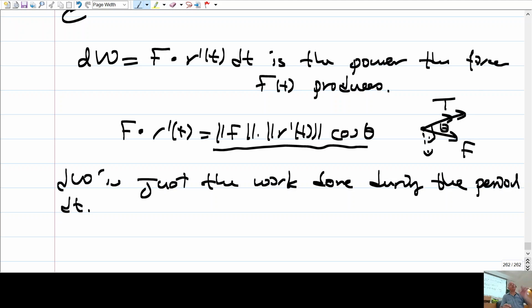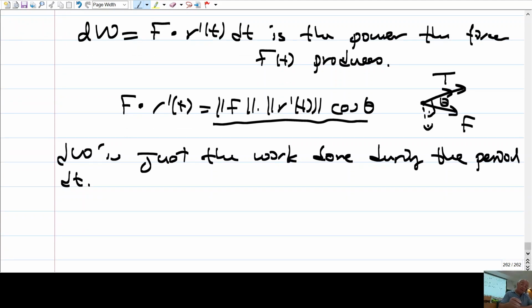Okay, this is a very small time interval, and this thing dW is just the work done during that time.